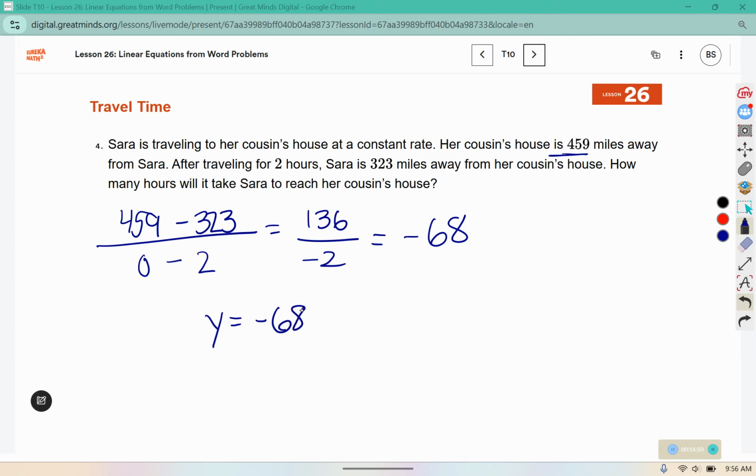And we know that she started 459 miles away. Then it says, how many hours will it take Sarah to reach her cousin's house? So we want it to be a distance of 0. So we'll subtract 459 from both sides.